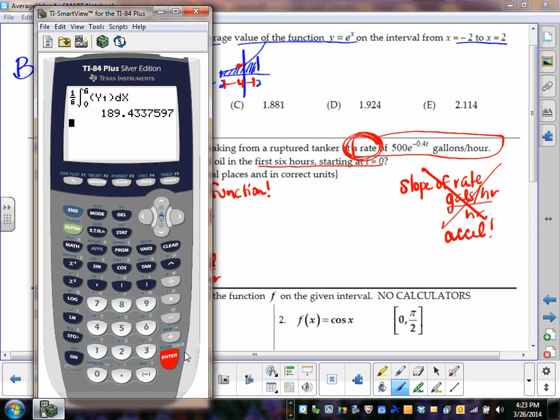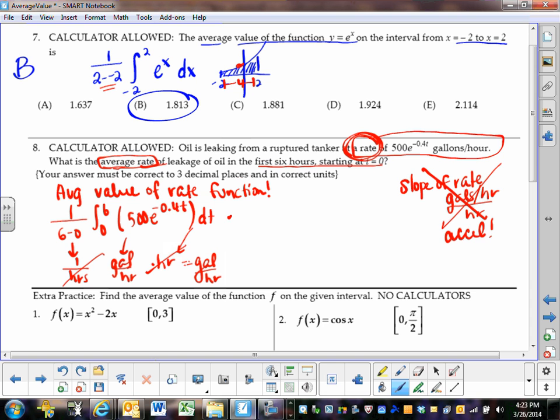So we're going to end up with the average y. So 189.434. And gallons per hour.